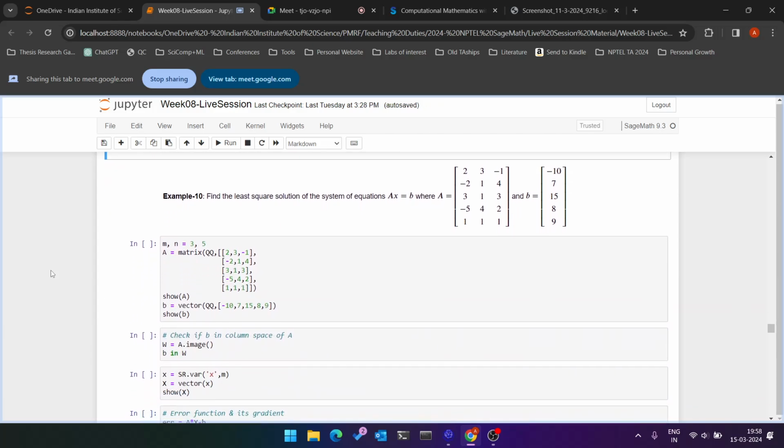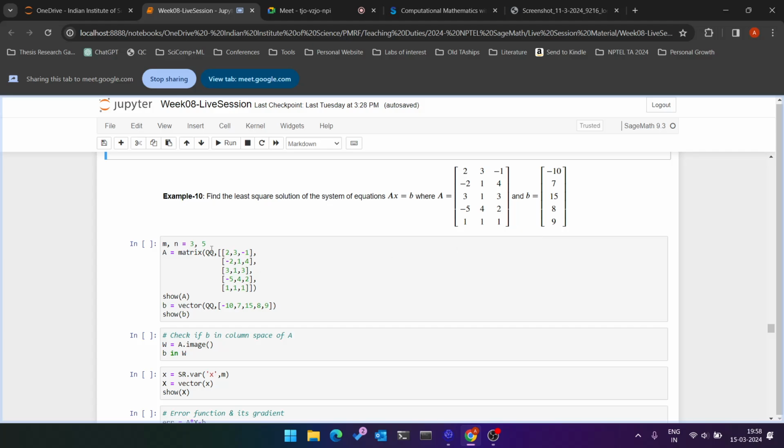Next example that we have involves finding the least square solution for the system of equations Ax equal to B. A is given as a 5 by 3 matrix and B is a 5 by 1 vector. So a 5 by 3 matrix multiplied with a 3 by 1 vector X should give B, and we want to check if it does.